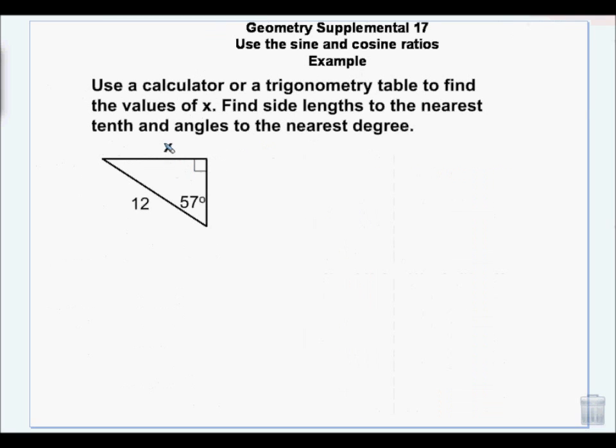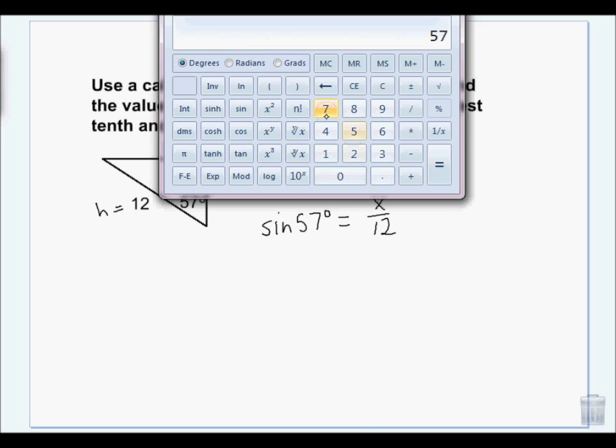Here I have my angle. This is the opposite, right? And here's hypotenuse. So I have opposite over hypotenuse, that's sine. So the sine of 57 degrees is equal to x over 12. So I'm going to go to my calculator or table, and I'm going to take 57 degrees, and find the sine of it.